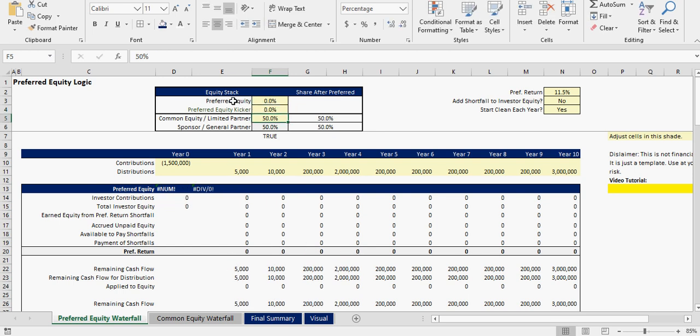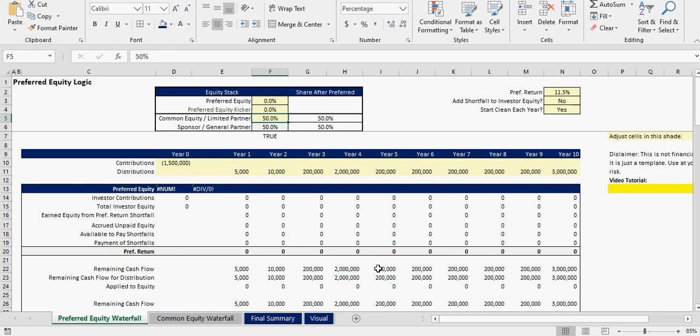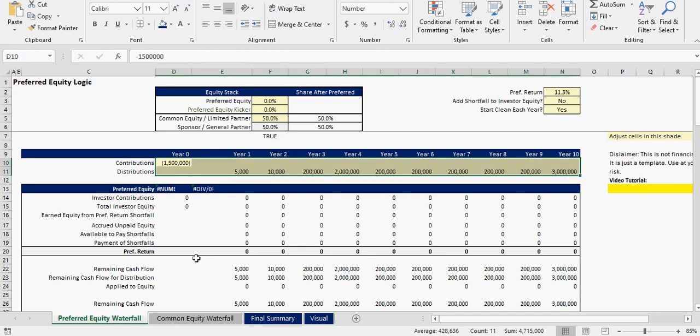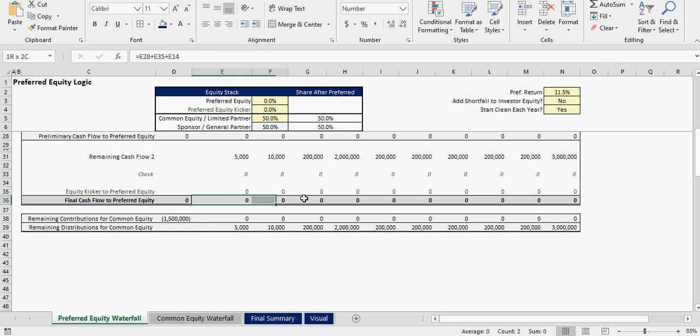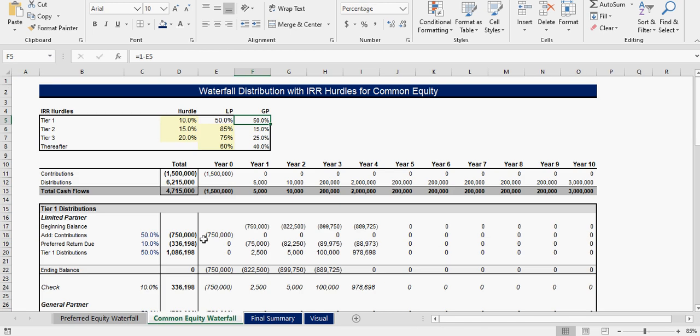Now you could have no preferred equity and just do it with the waterfall between, like, let's say you didn't have any preferred equity. Well, this still works. You just put in your contributions and distributions up here, and then there's nothing that flows, and then what flows to the waterfall is exactly what's up top here, and then that's split based on all these hurdles.